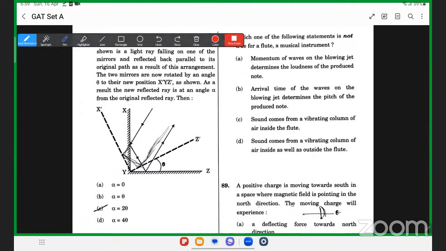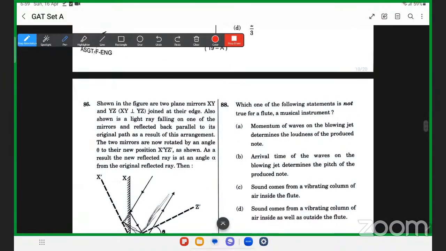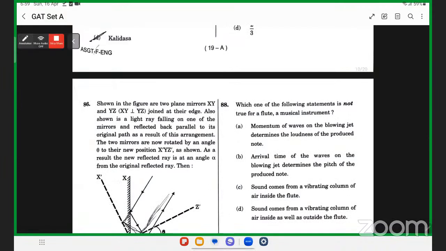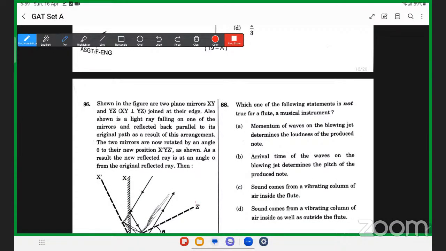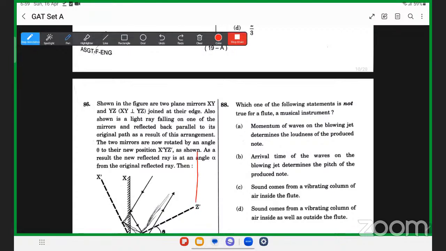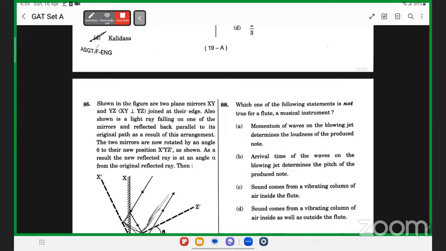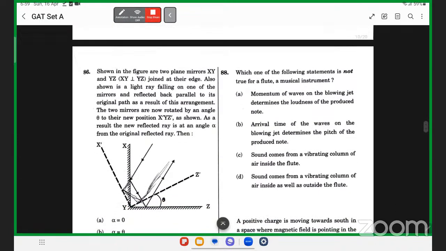86. Shown in the figure are two plane mirrors xy and yz joined at their edge.